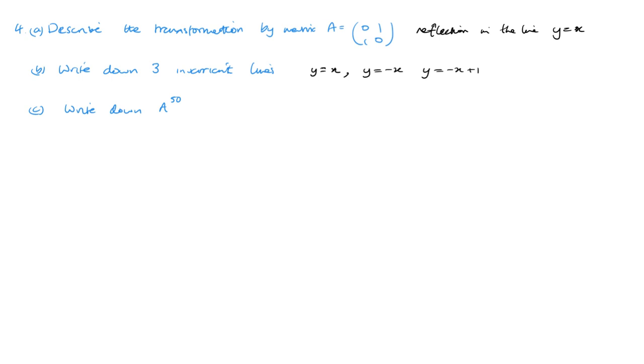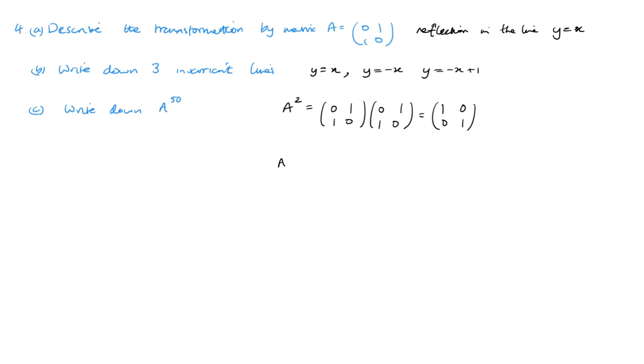Okay, for A50, let's first look at A squared. So that's 0, 1, 1, 0 times by 0, 1, 1, 0. So 0 times 0, 1 times 1, that's going to be 1. 0 times 1, 1 times 0, so that's 0. That's 0, 1. So that's going to be what A squared is.